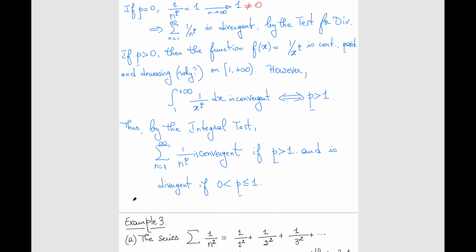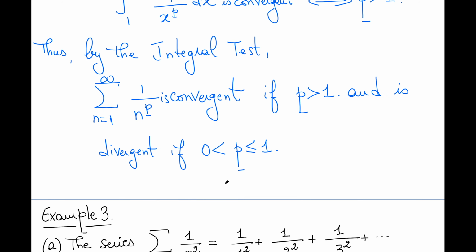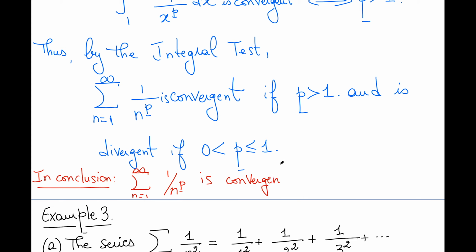And the conclusion is the p series is convergent if and only if p is greater than 1, right?